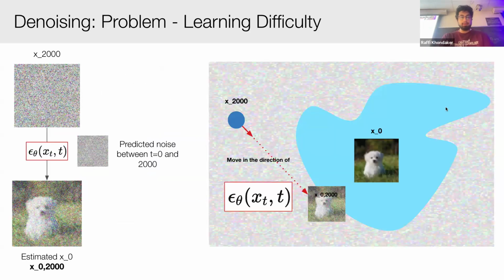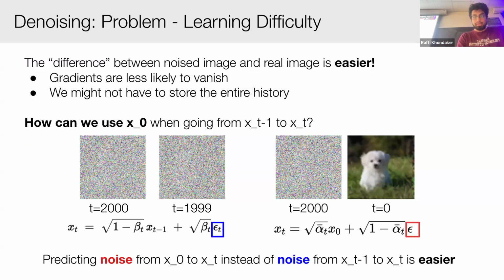Okay. So I'm explaining why we don't predict this intermediary epsilon t noise value, the amount of noise we add in a single time step. Instead, we predict from time step 2000 how much noise was added to the original image.